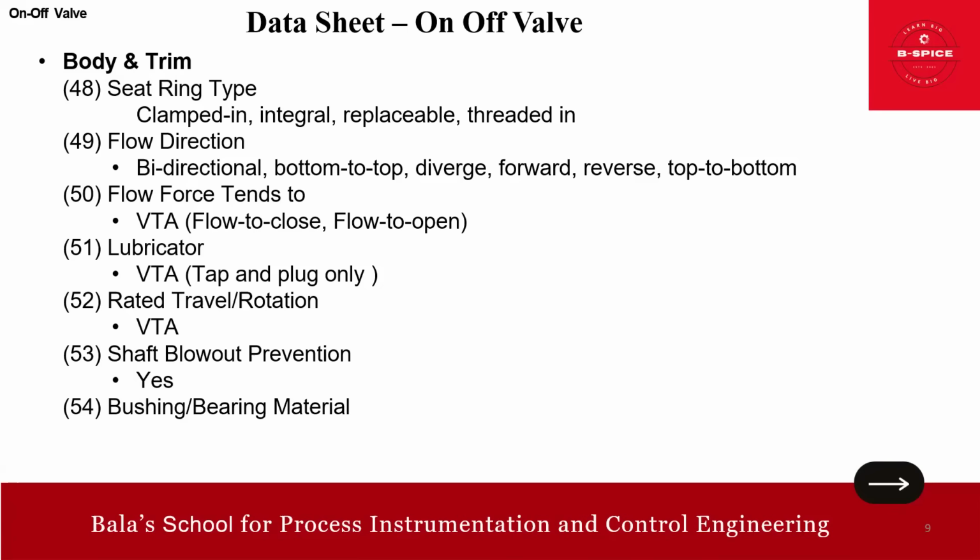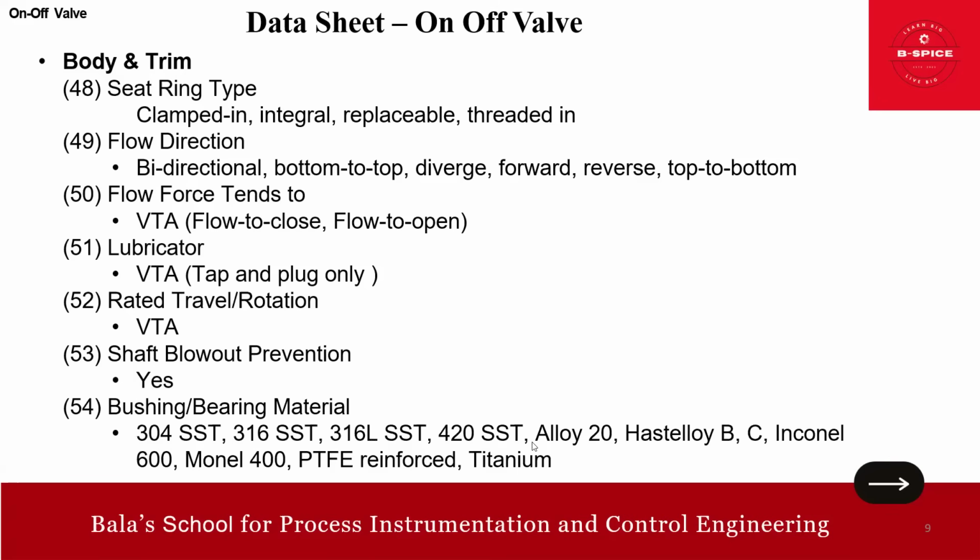Then bushing bearing material, you can choose any of these options. If it is very corrosive, you can go for Hastelloy or Alloy 20, or for normal application, you can go for 316.